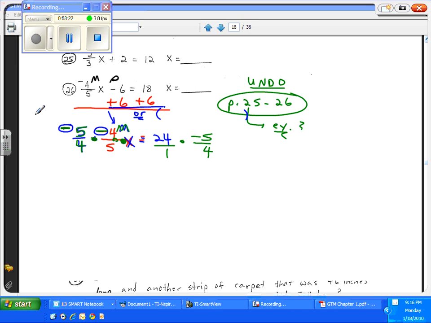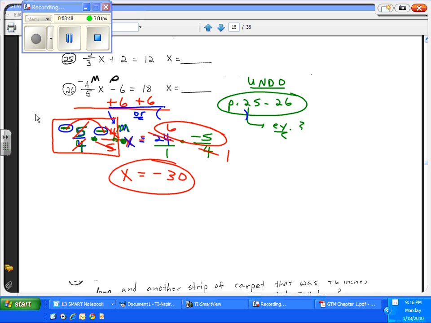Now, this whole thing, negative 5/4 times negative 4/5, makes a 1. And 1 times x is x equals. Over here, 4 goes into 4 once, and 4 goes into 24 6. And 6 times negative 5 is negative 30.